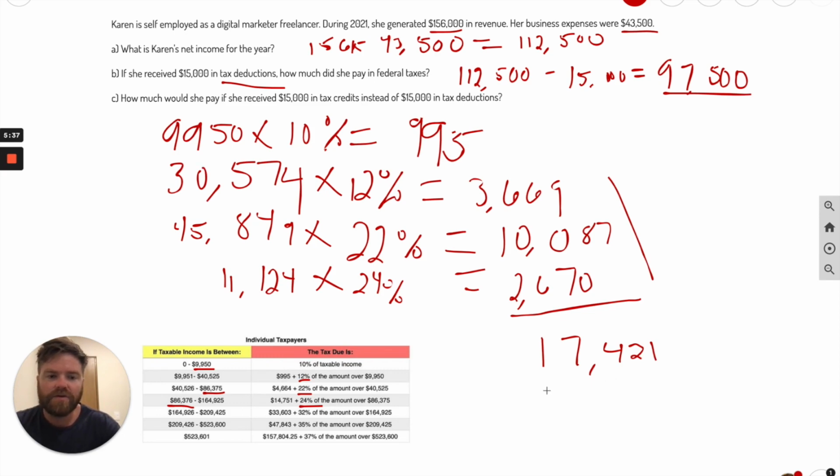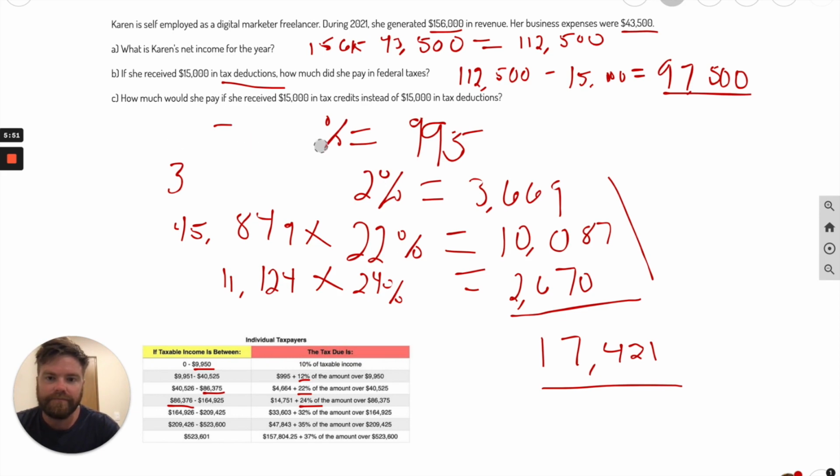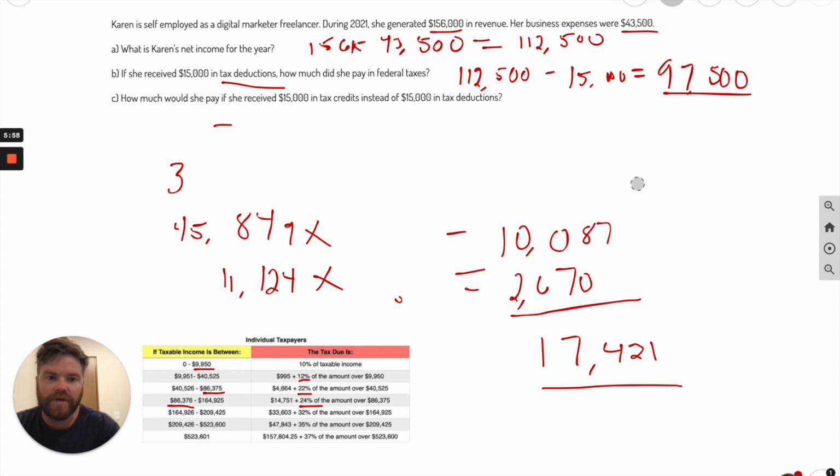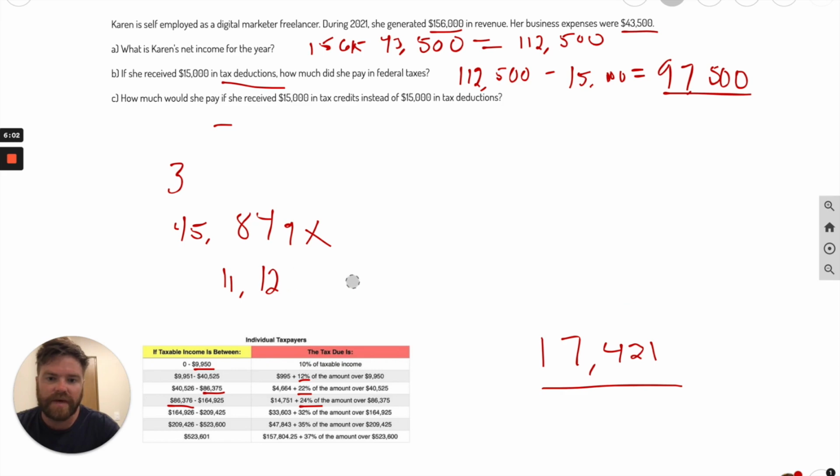Yeah. We'll just go ahead and keep this number here because I'm going to erase this, and we're going to compare this number to letter C because it's going to change things a little bit. So 17,421. We'll just keep an eye on that. We're going to erase this out. Just got to make room here for the next problem.